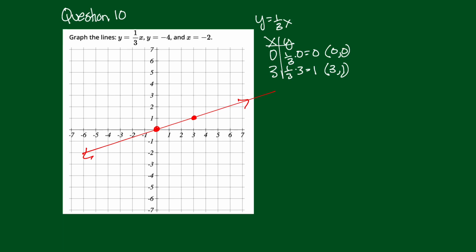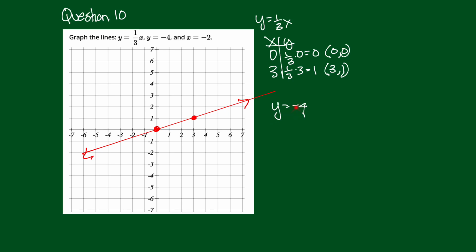Next up, y equals negative 4. Now notice, there is only a y, there is no x. So here's what this means. This equation is independent of x. Now x is the horizontal, so if you put yourself on the horizontal axis someplace, it doesn't matter where you are, y is negative 4.